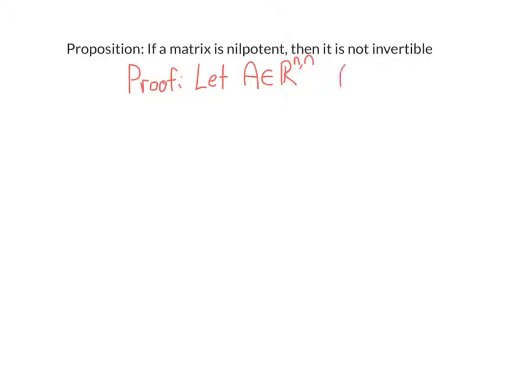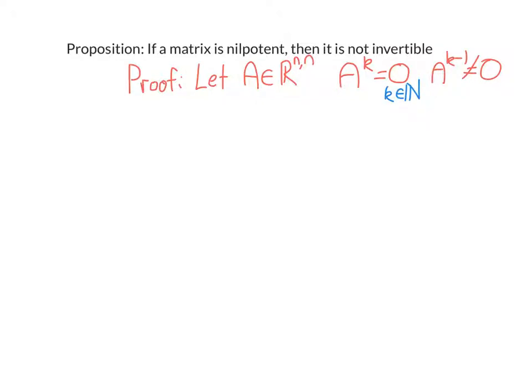That means A to the power of k is equal to the 0 matrix, but A to the power of any number less than k, like k minus 1, is of course not going to be equal to 0. And I should specify here that k is a natural number. It's one of the positive integers.